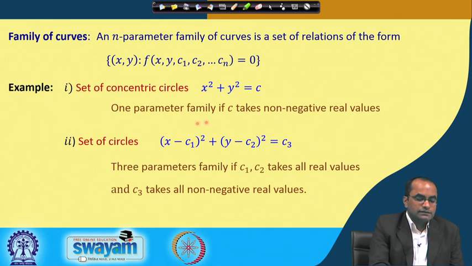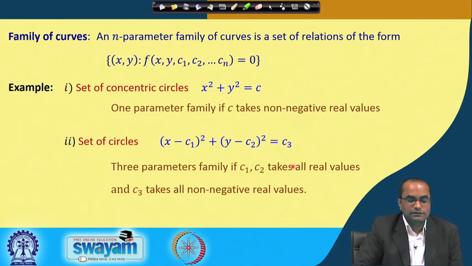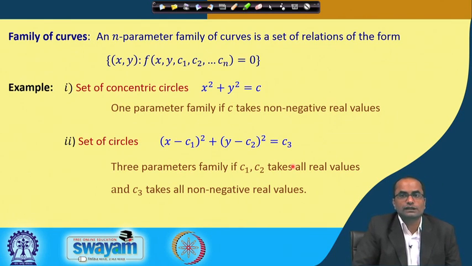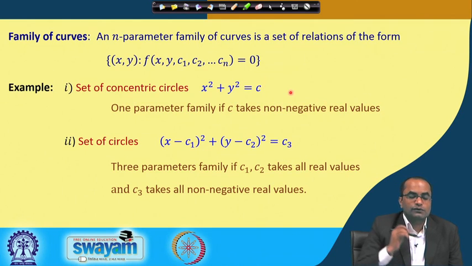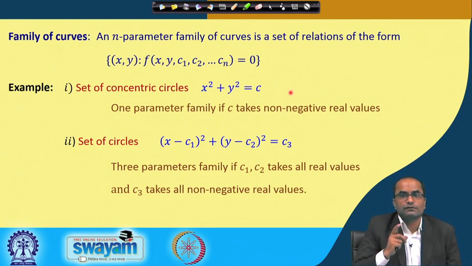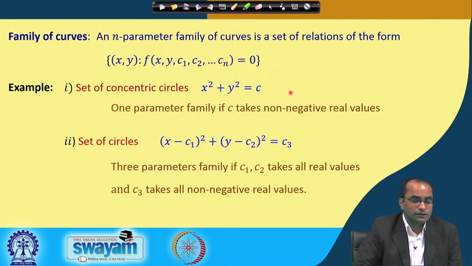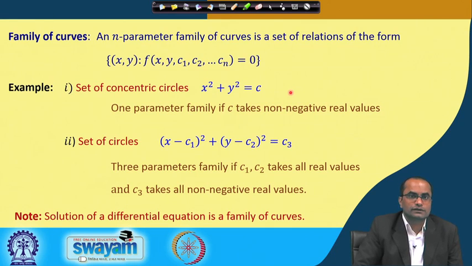So this is a family of 3 parameters c 1, c 2, c 3, while the earlier one was a family of one parameter, because only the radius was varying. Here we have different centers and different radii, so this is the 3 parameter family of circles.